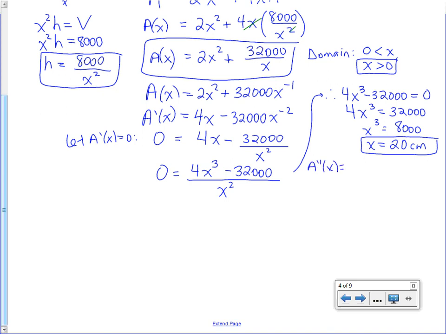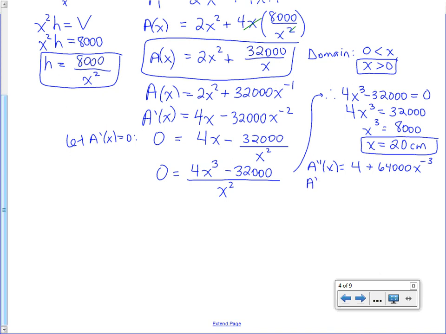The derivative of 4x is 4. The derivative of negative 32,000 x to the negative 2: negative 32,000 times negative 2 will be positive 64,000 times x to the negative 3.